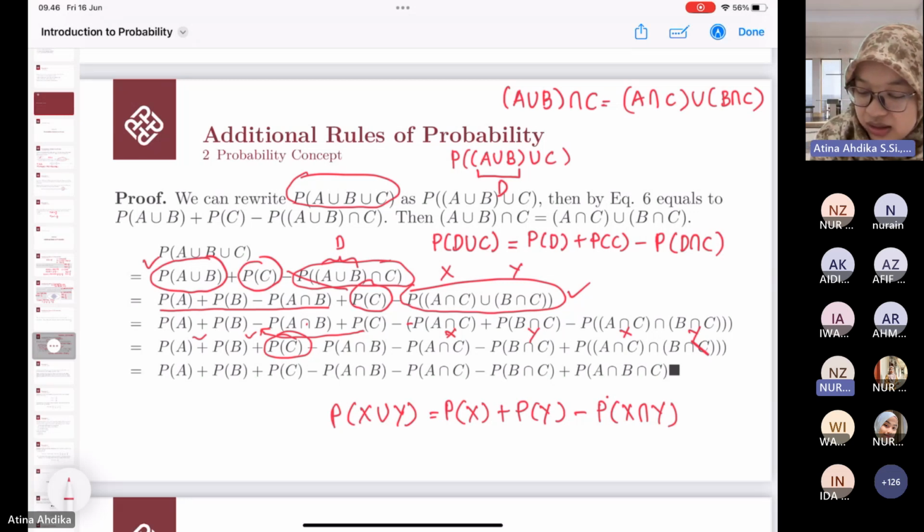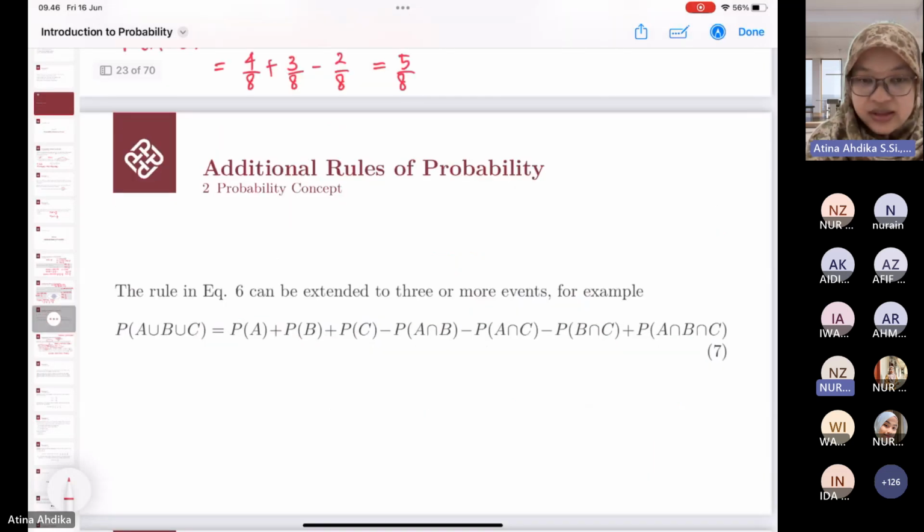Okay, so this will come to the proof of this equation. Yeah, I think you can read it again next.